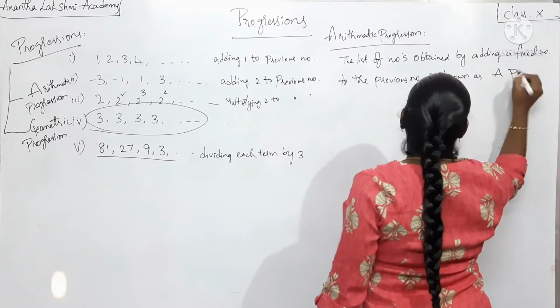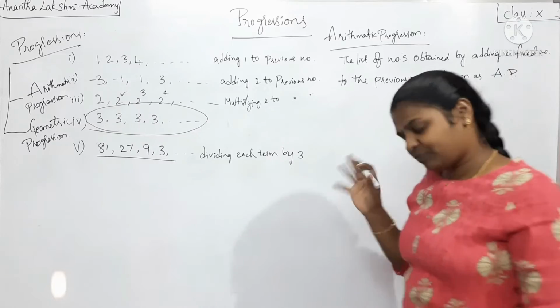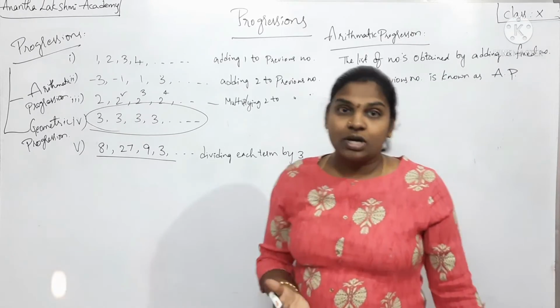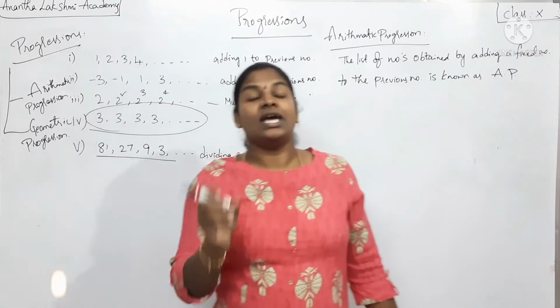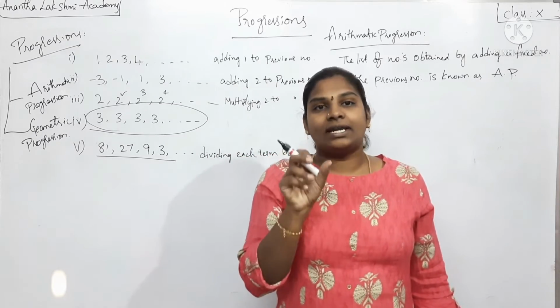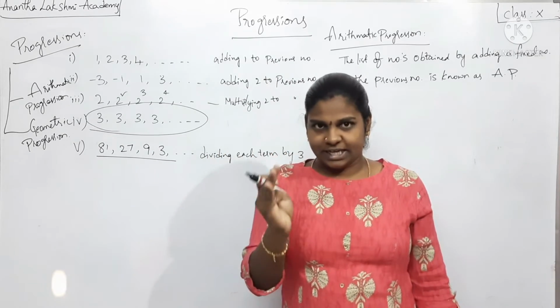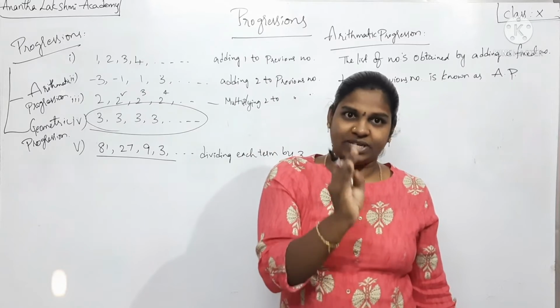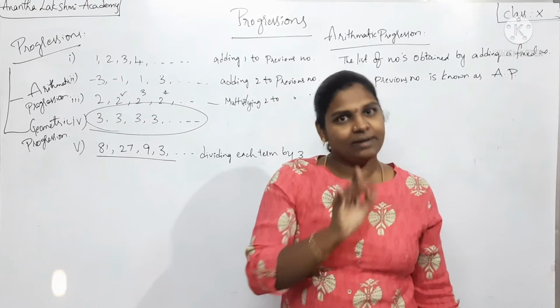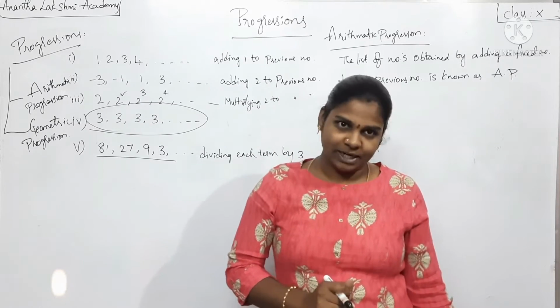Arithmetic progression. In short, I wrote it; you can write it in the full form. When do you call a series an arithmetic progression? If you get the next number of the series by adding a fixed number to the previous number, then we call it an arithmetic progression.